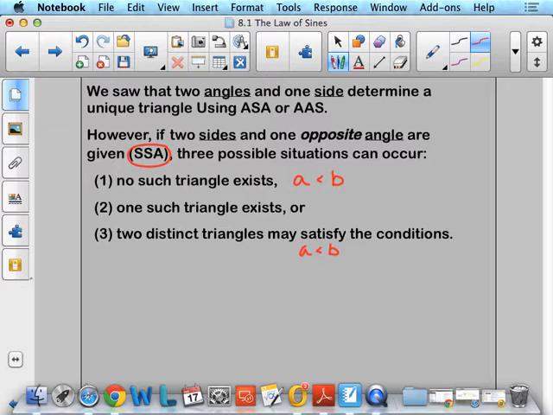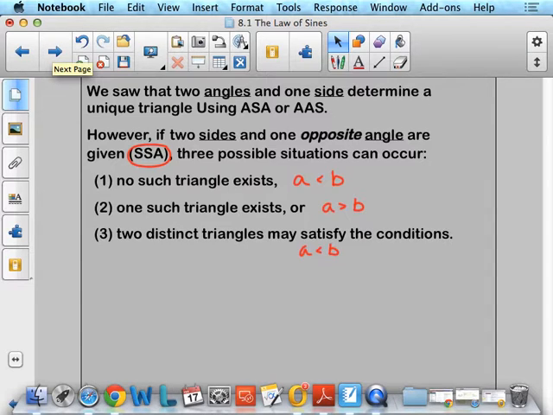And then the middle one, if there's one triangle, then A is greater than B. Sorry for confusing you.